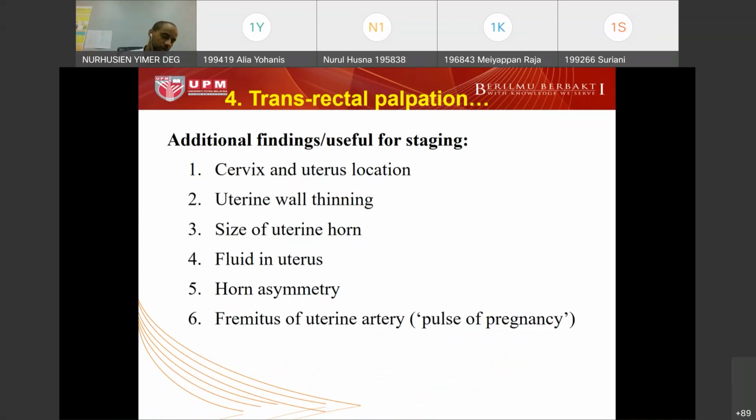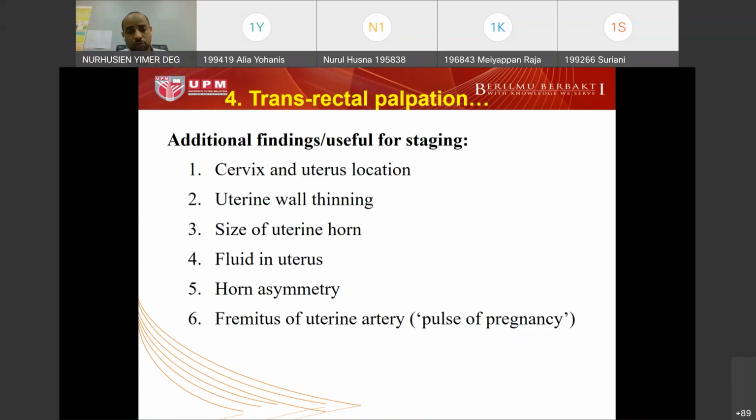So when we talk about staging while you are performing transrectal palpation, these are some of the additional variables that you should take into account to help you come up with a better estimate of the stage of the pregnancy. So one of the things is cervix and uterus location.